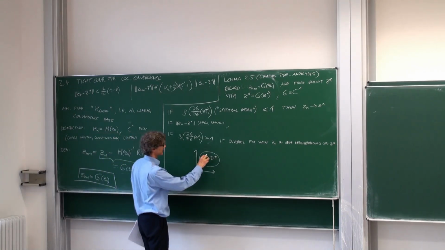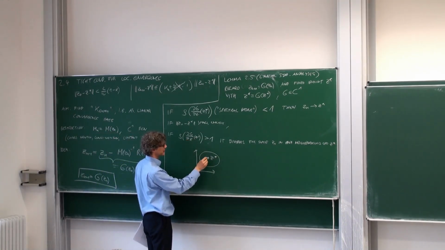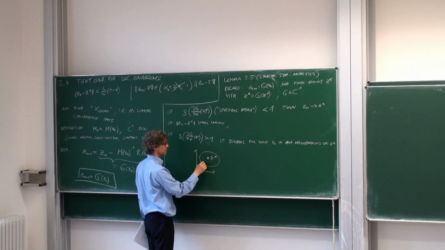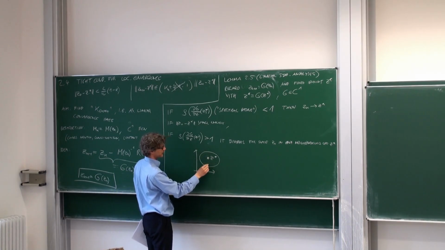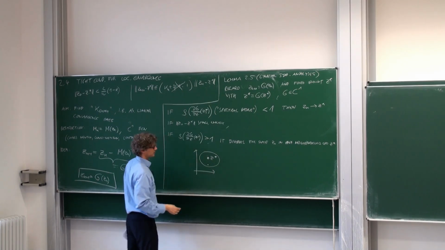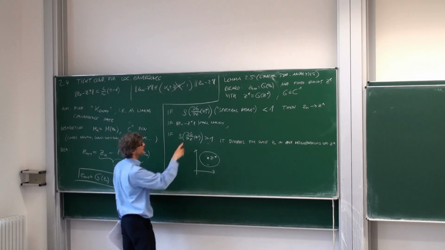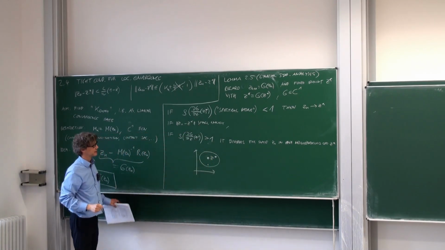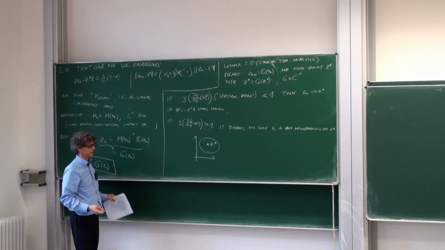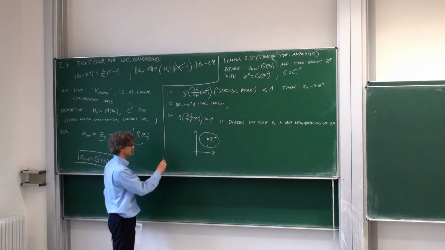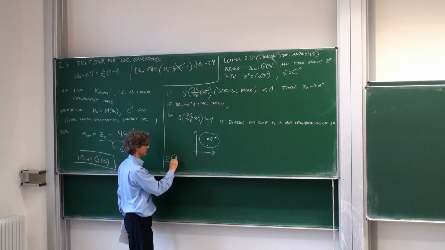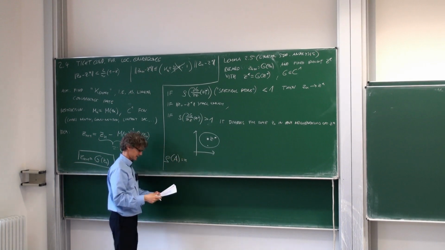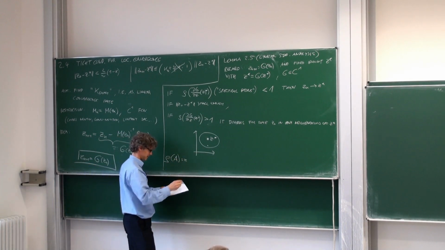If there's some eigenvalue of this Jacobian that's bigger than 1, then there is some point in this neighborhood, even if I make it very small, where after one iteration I will grow away from this. On the other hand, if my spectral radius is smaller than 1, then I will contract. Maybe you might not be familiar with the spectral radius. So rho of A is defined as the maximum of all the eigenvalues.